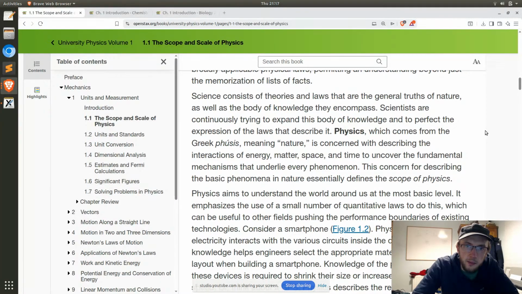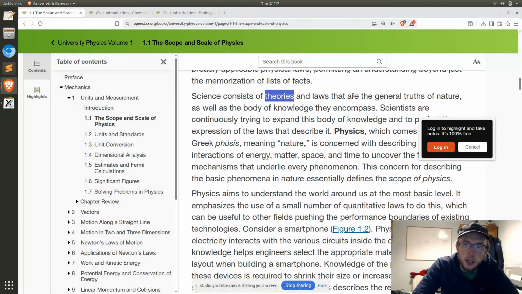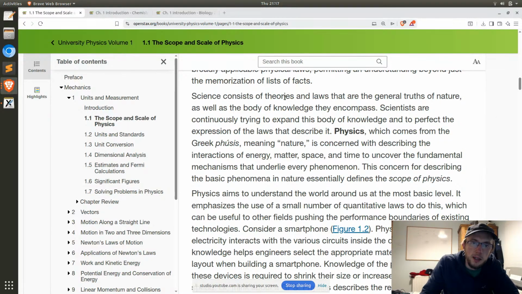Science consists of theories and laws that are the general truths of nature, as well as the body of knowledge they encompass. I've seen videos about the epistemology of science and like people trying to pin down what a scientific theory and a scientific law are in contrast to one another.